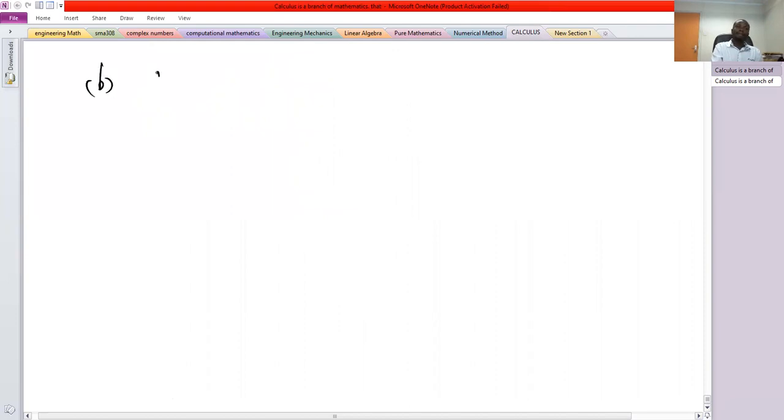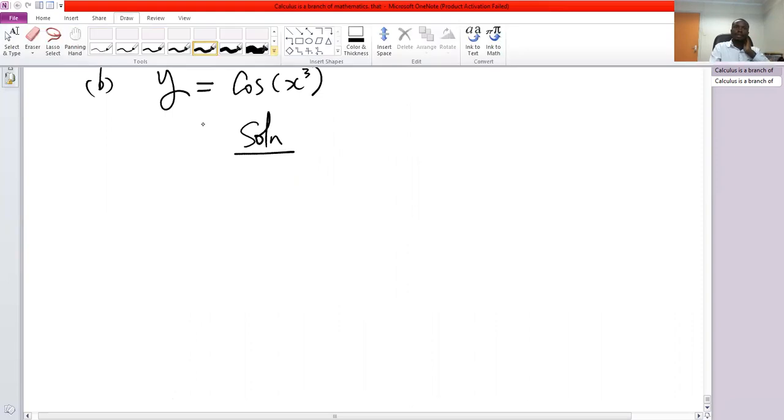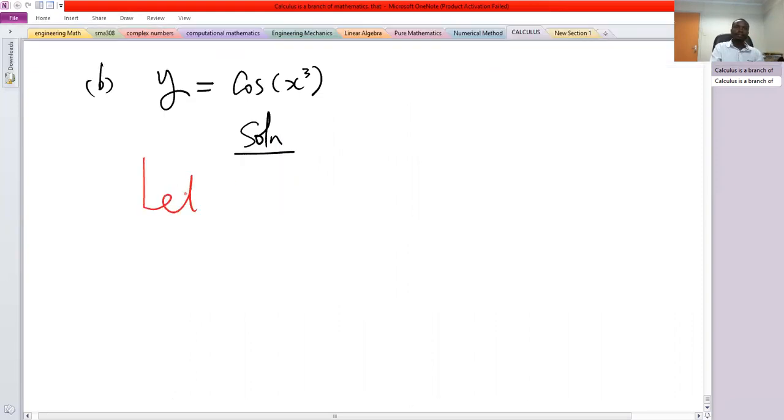Part B, y equals cos of x power 3. So we start by fixing this part. We write, let u be x power 3, call it equation 1.